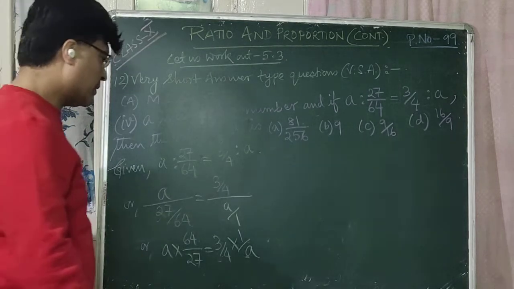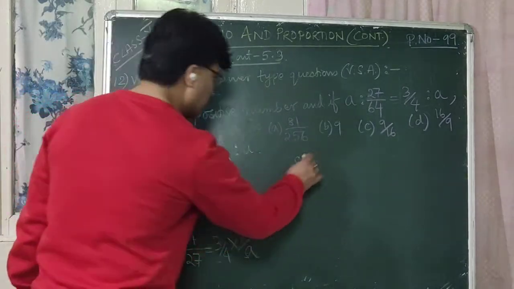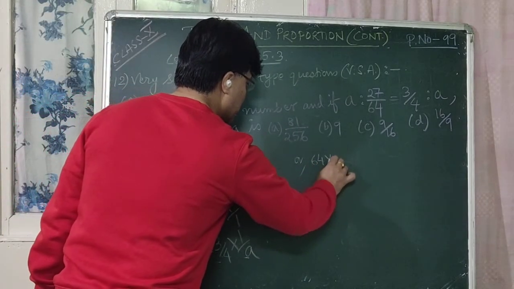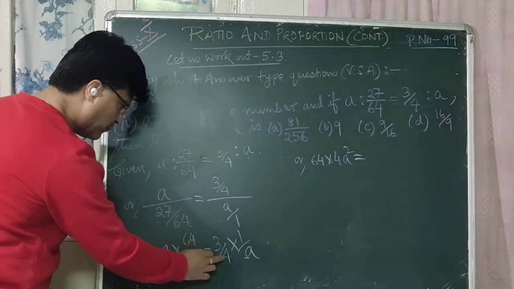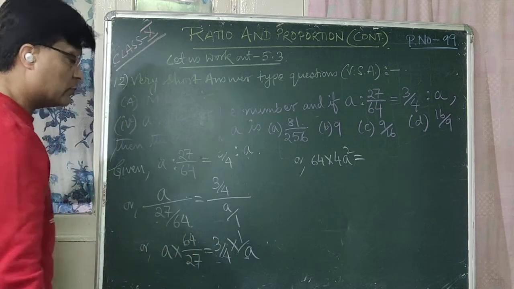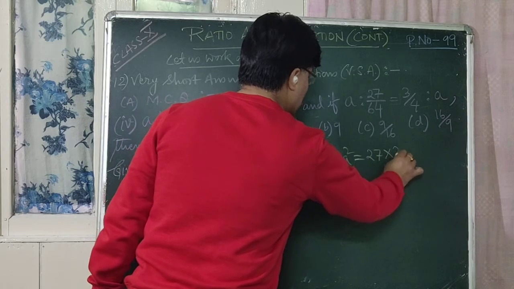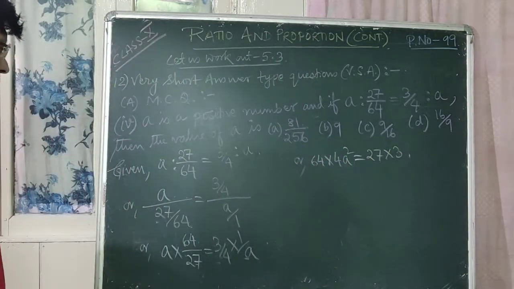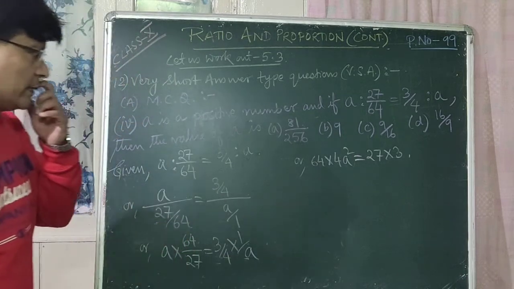Now you can cross multiply: 64 into 4a square is equal to 27 into 3. Right? 64 into 4, a square is equal to 27 into 3.